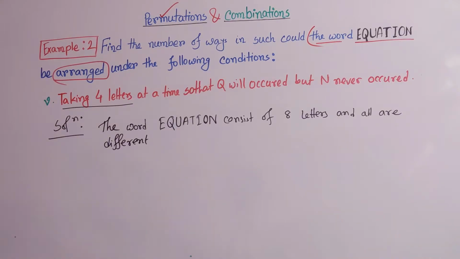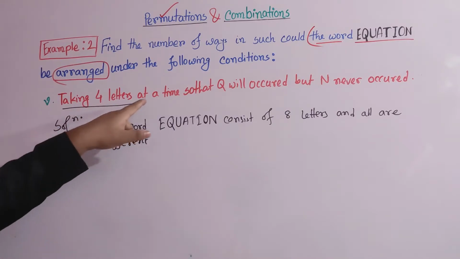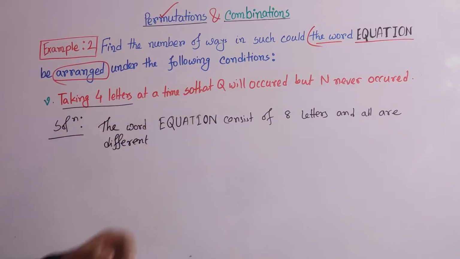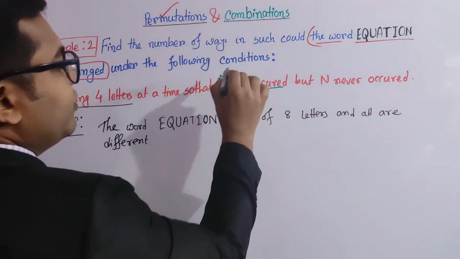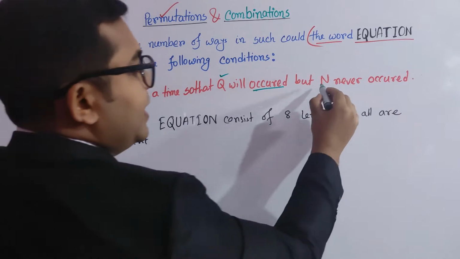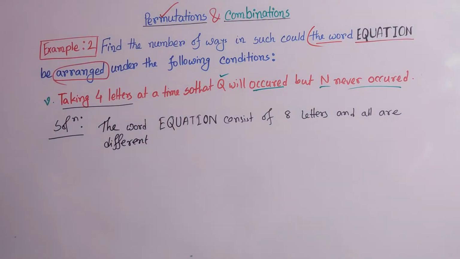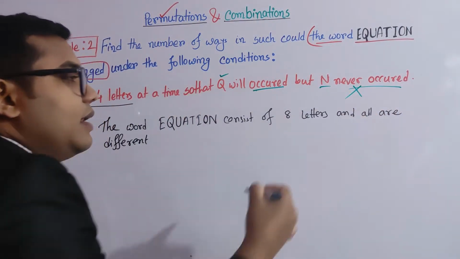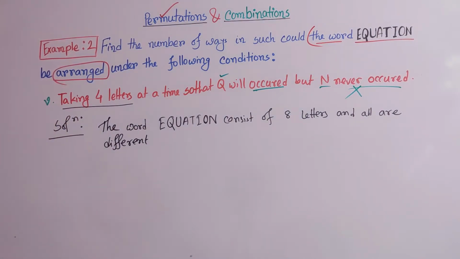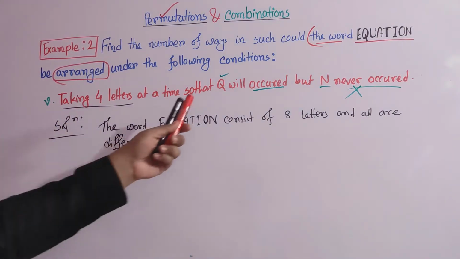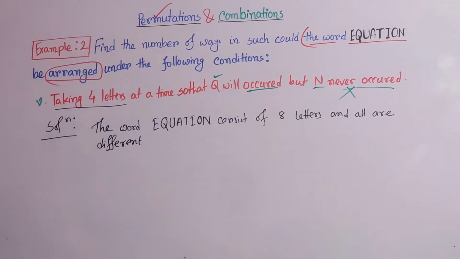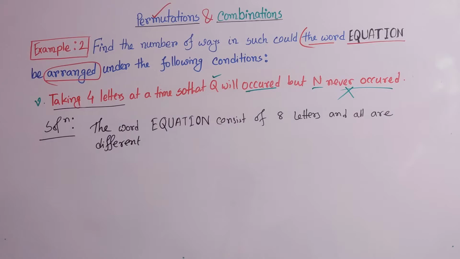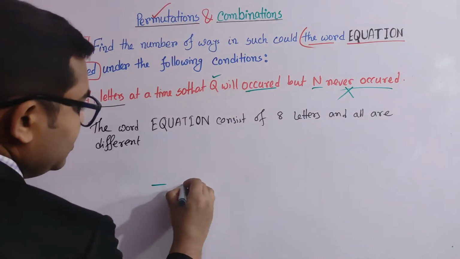Our question number 5 says: taking 4 letters at a time, so that, very important, Q will occur, but N never occurs. So there will be no N in those 4 letters, but Q occurs. That means Q can take any of the 4 places. Since we take only 4 letters, we have 4 places: 1, 2, 3, 4.